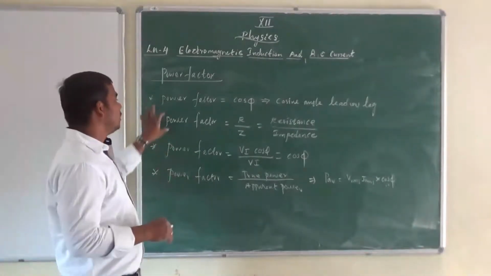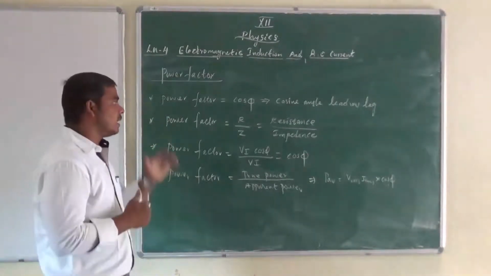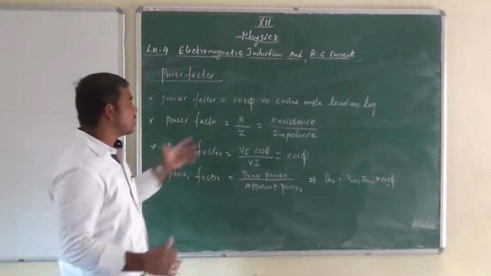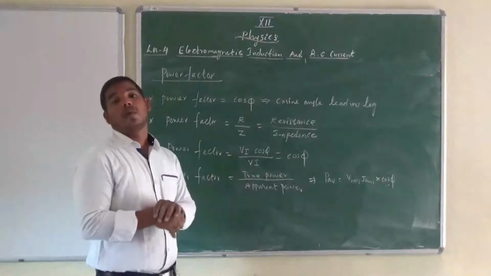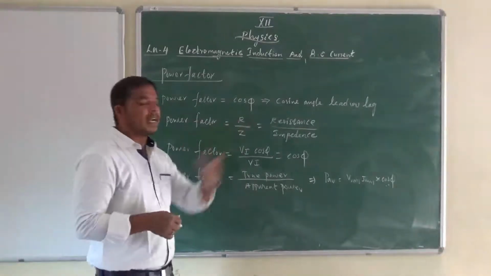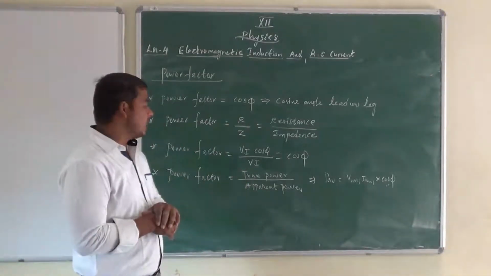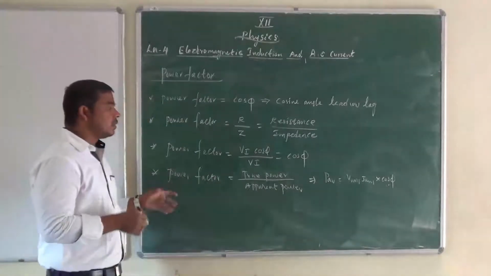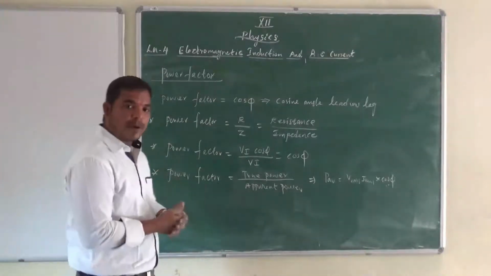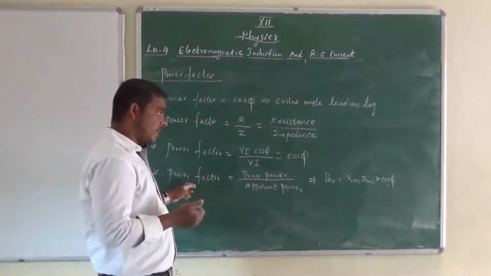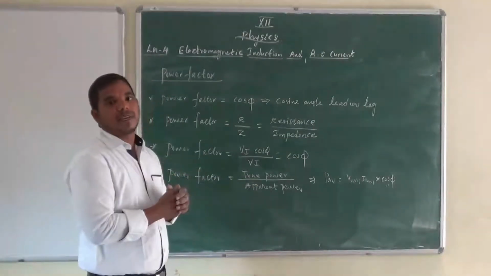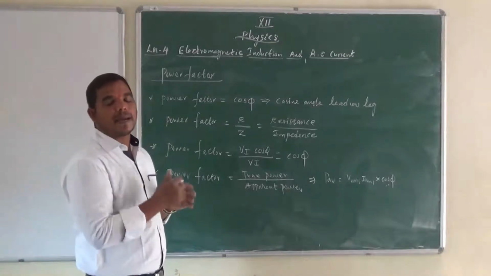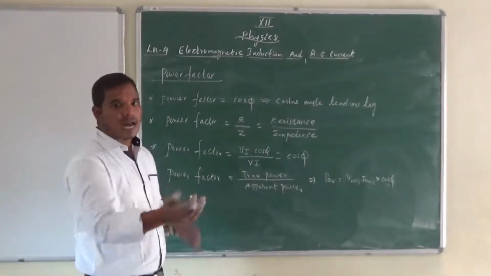Suppose they are given to calculate the power factor: resistance of the circuit is 100 ohm, impedance of the circuit is 100 ohm. What is the power factor? We have to calculate. Otherwise, they give the true power and apparent power to calculate the power factor. Or they give the phi angle, which may be cos 60 or cos 45.